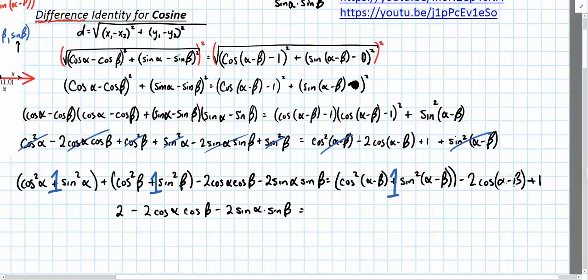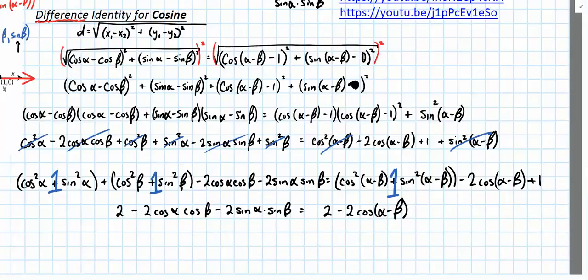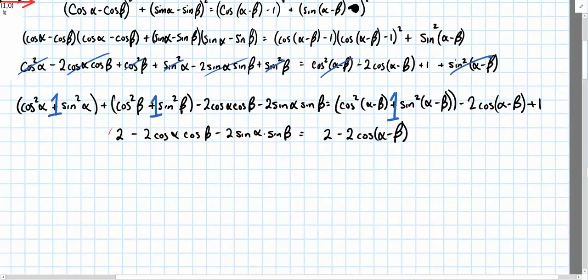And on the right side, we've got something similar still. We've got this group that's equal to the number 1, combined with this number 1 that's left over here on the right side. We also have the number 2 minus 2 cosine of alpha minus beta. Try writing that again: alpha minus beta. At this point, I hope you start to recognize that there is a GCF for each of the terms on the left and the right-hand side of the equation.